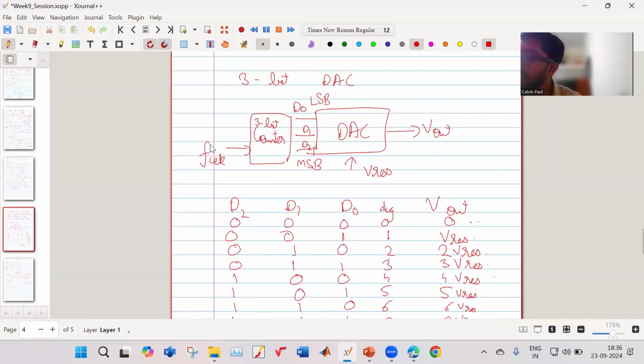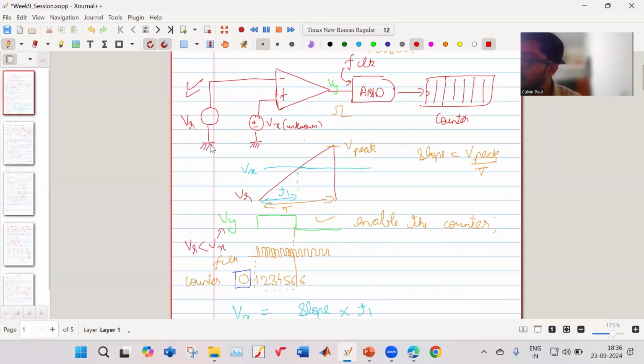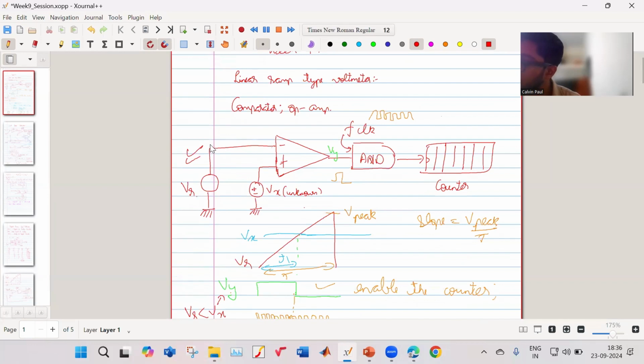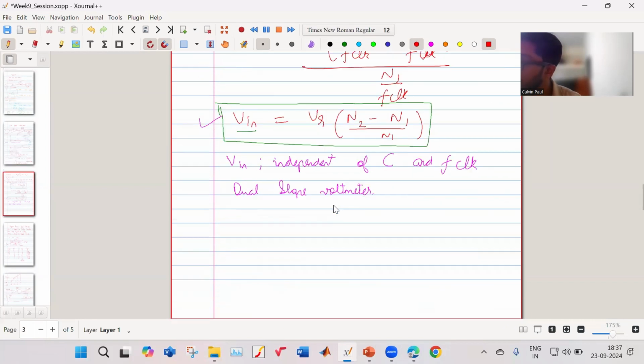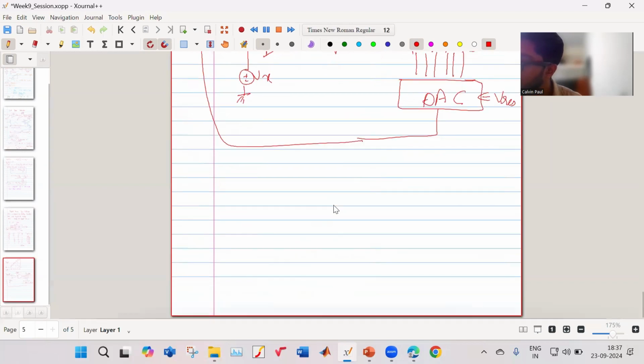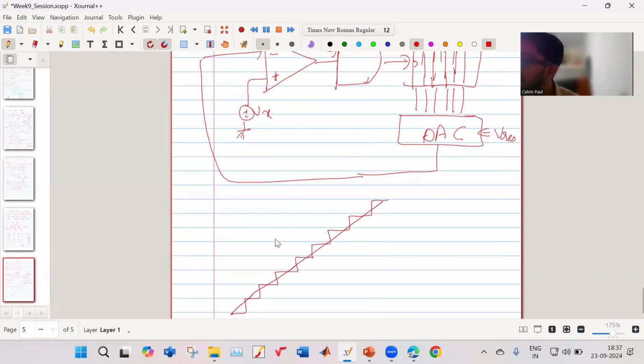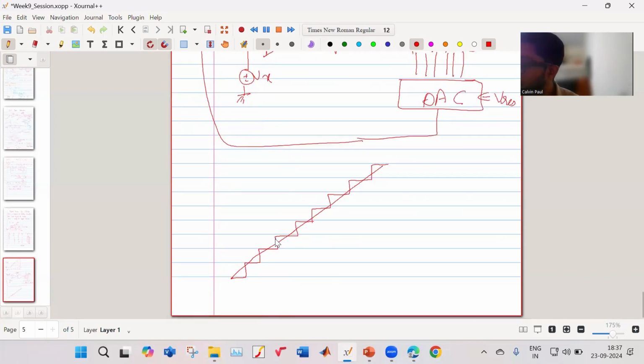In the previous case, in the linear ramp type voltmeter, VR was this slope. Now in this case, what will we have? Instead of a linear slope, I'm going to have a stairway slope.